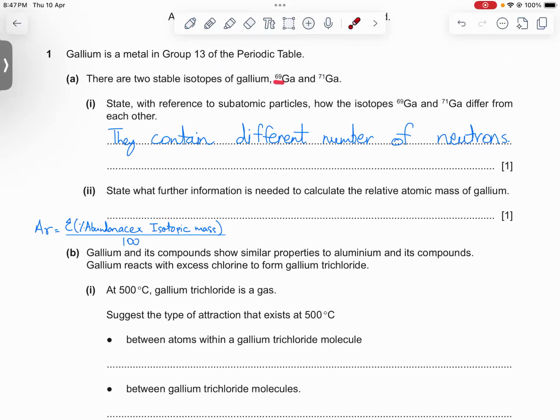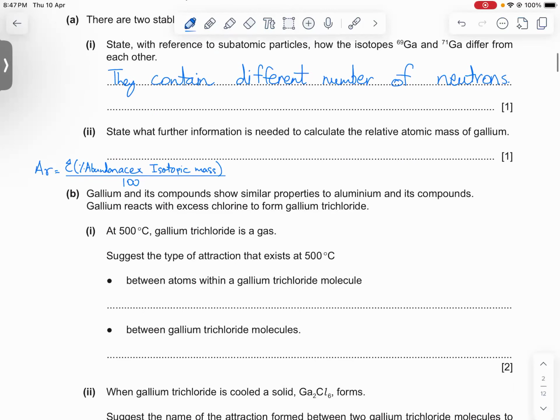So over here, you do know the isotopic mass. For example, the isotope gallium 69 has a mass of 69 and the isotope gallium 71 has a mass of 71. But what do you not know? You do not know the percentage abundance, right? So you want to know the percentage abundance of each isotope.